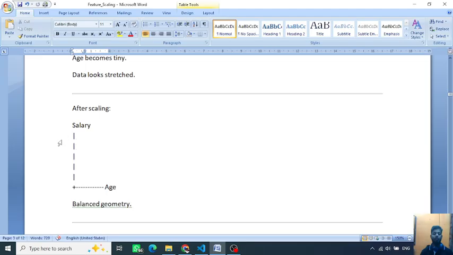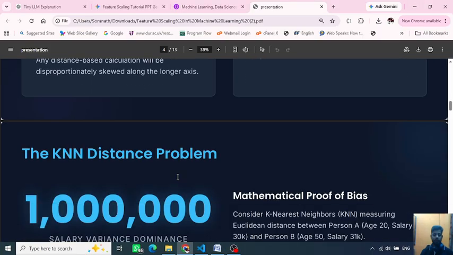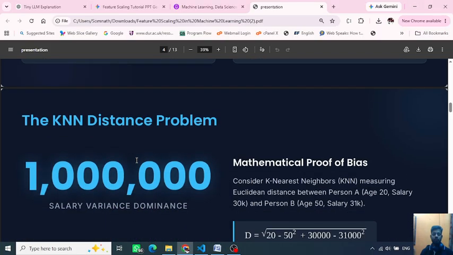But after scaling, it will look like this. Now it looks balanced, right? So that's why scaling is very important.